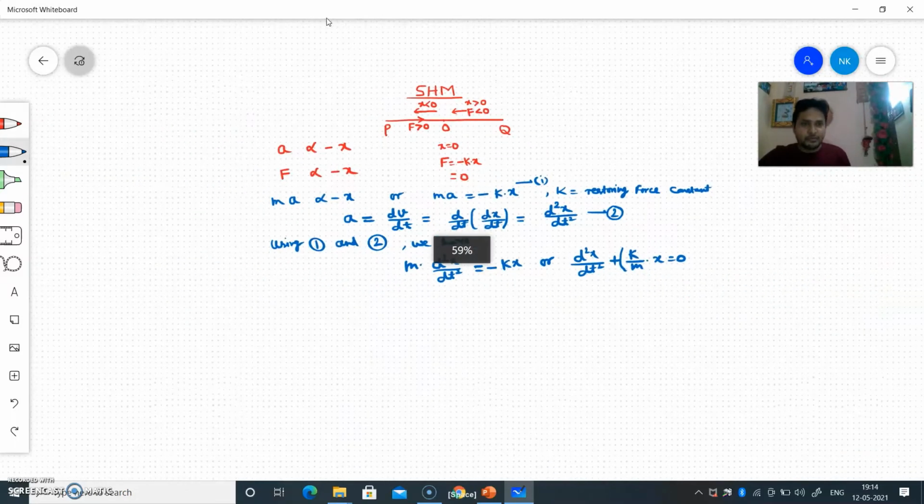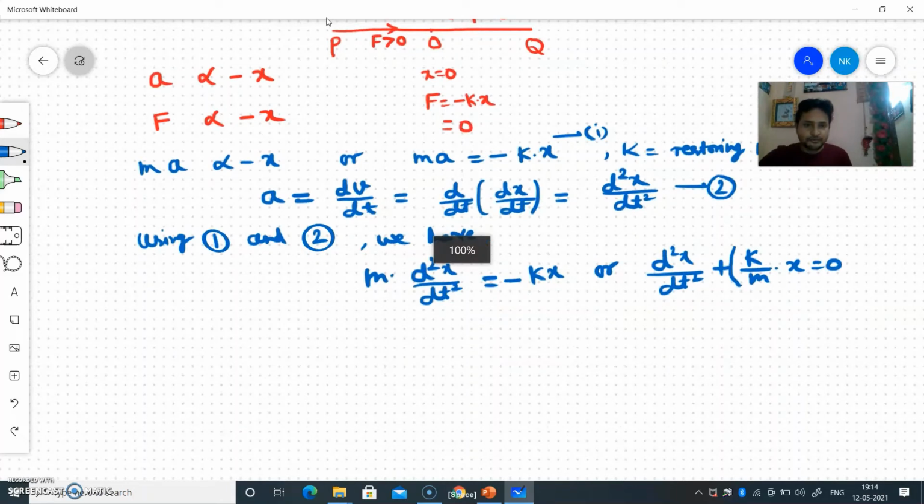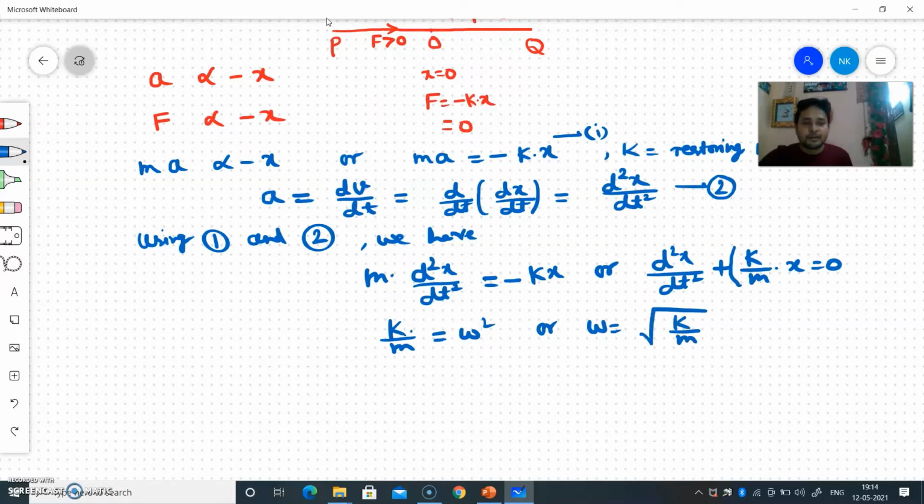Now let's assume that k by m is equal to omega square, or omega is equal to the square root of k by m. This omega is known as the angular frequency. We can write this as equation 3 and this as equation 4.